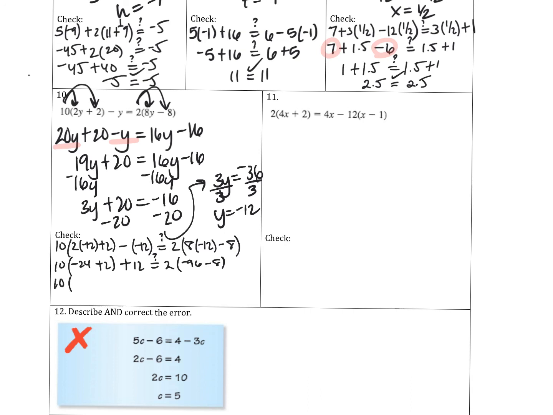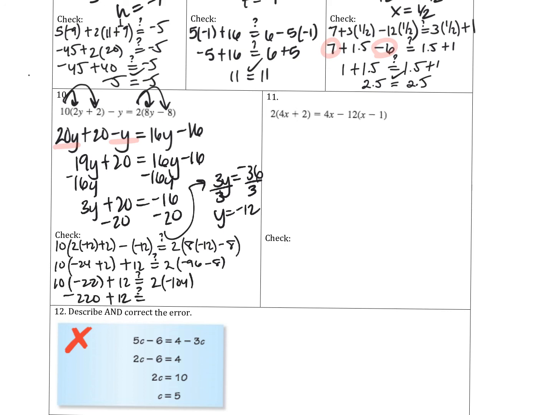All right. 10 times negative 24 plus 2 is negative 22 plus 12, equals 2 times negative 96 minus 8, which is going to be negative 104. 10 times negative 22 is going to be negative 220 plus 12.